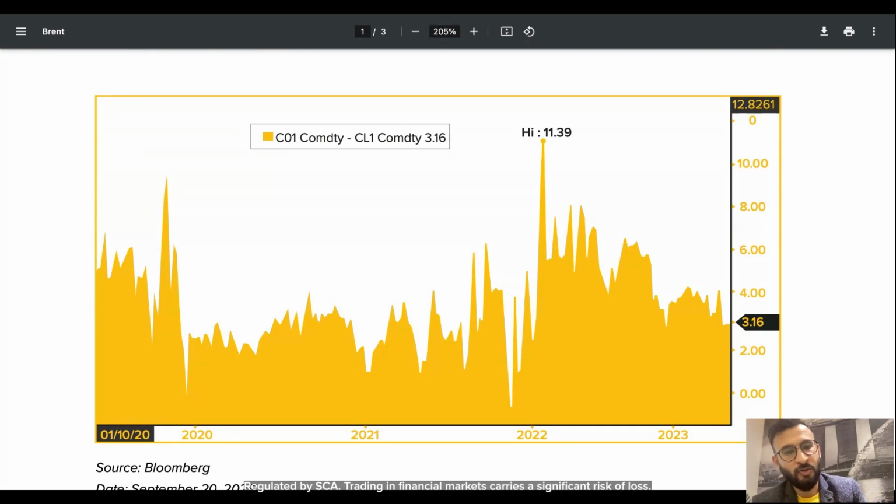This is the chart of the difference between the crude oil prices. The same difference which you saw, around $2.5 or $3 currently, this is where it is. And as you can see, back in the past, this difference has gone as high as $11, and has also ranged around $8, $6.